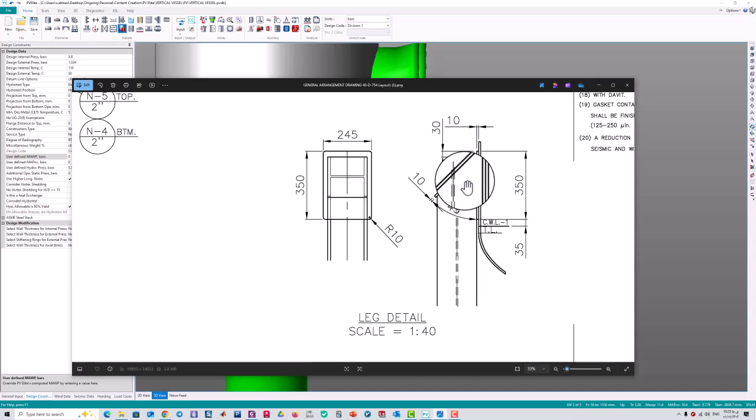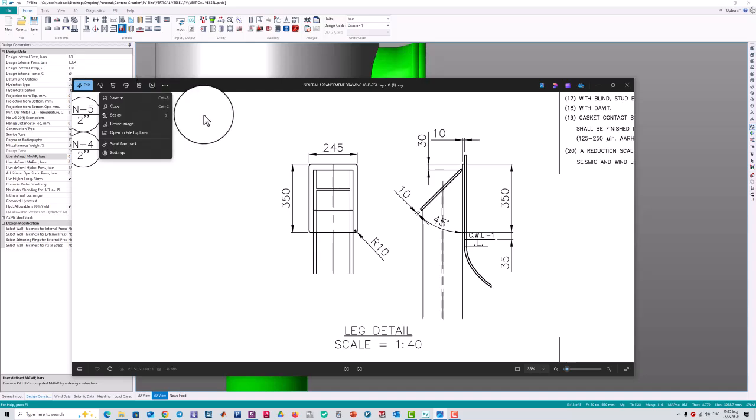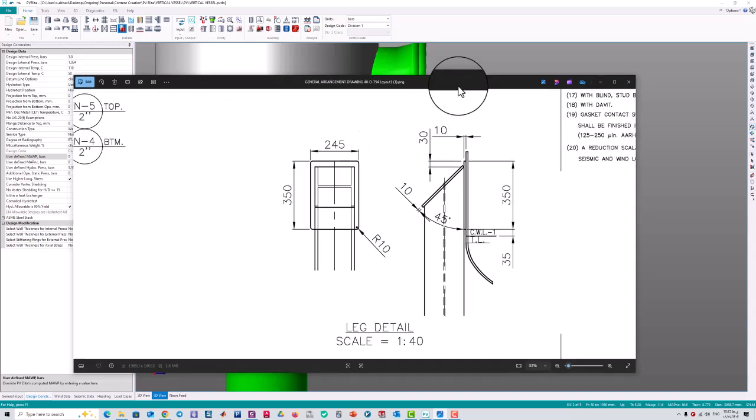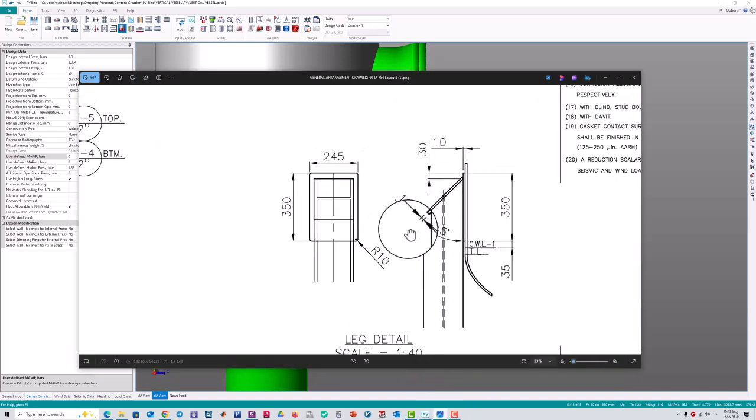Take a look at the connection of the leg to the shell one, and we decide to put the correct number for the overall length of the legs.